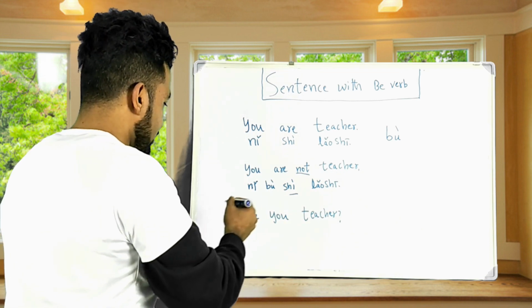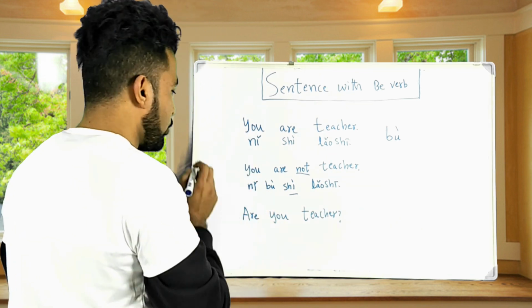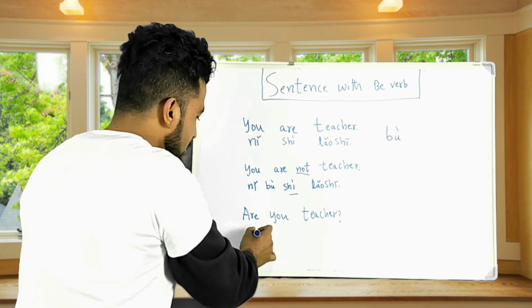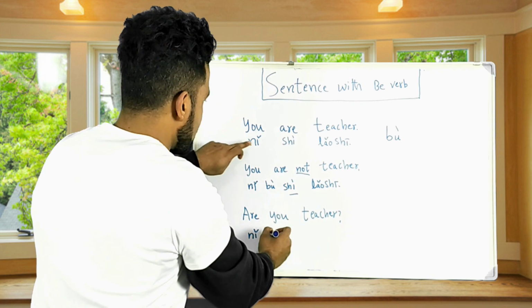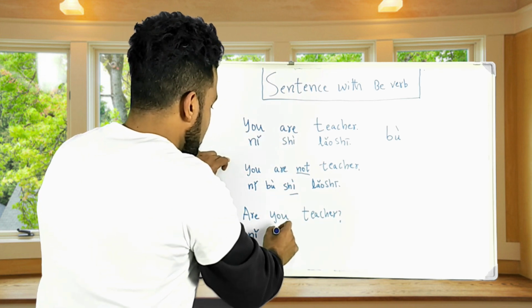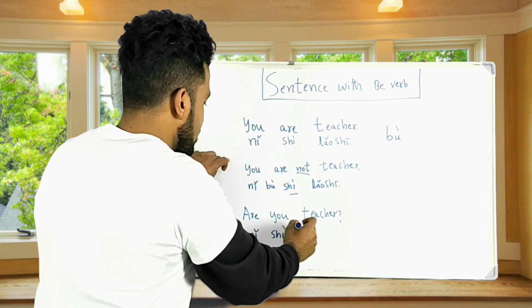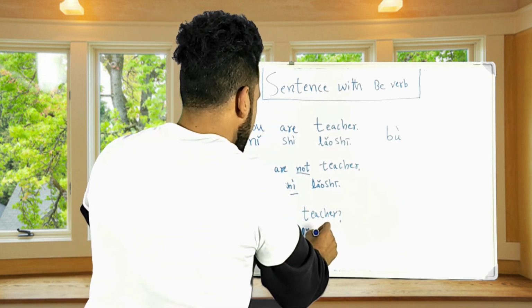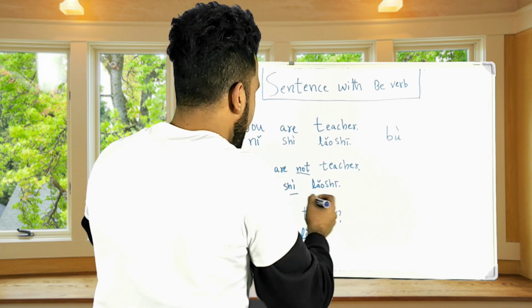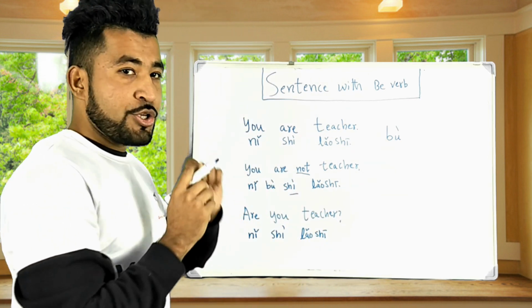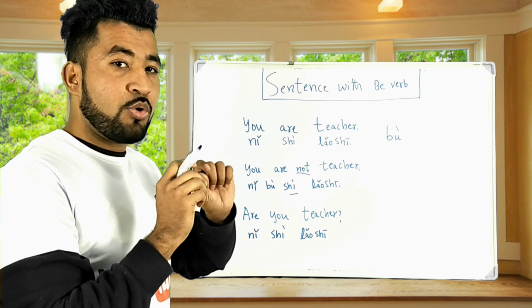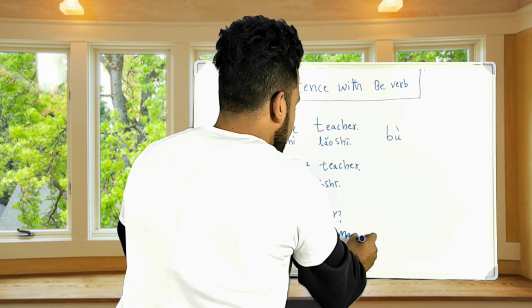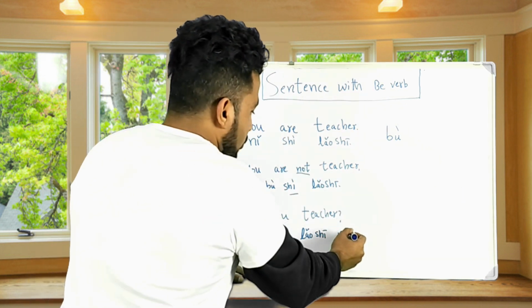So the simplest and easiest way in Chinese question sentences is that we write the same, 你是老师. But at the end we use a question particle, a particle word used for question. It's 吗.